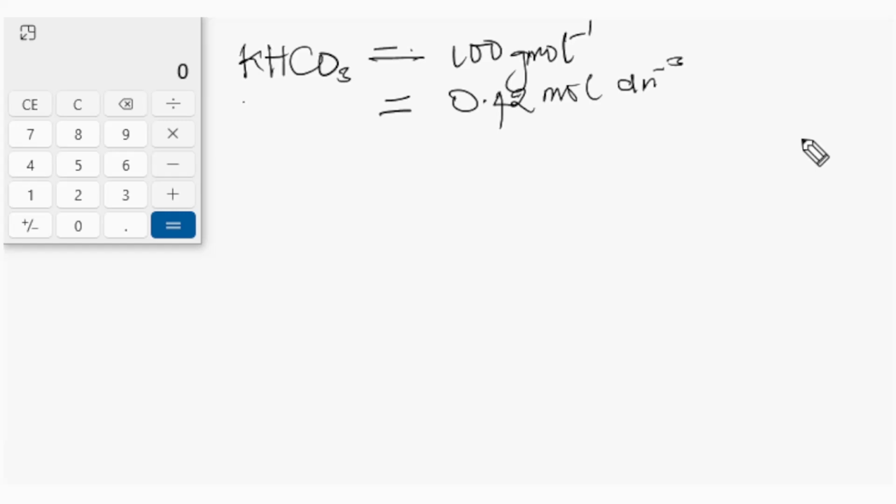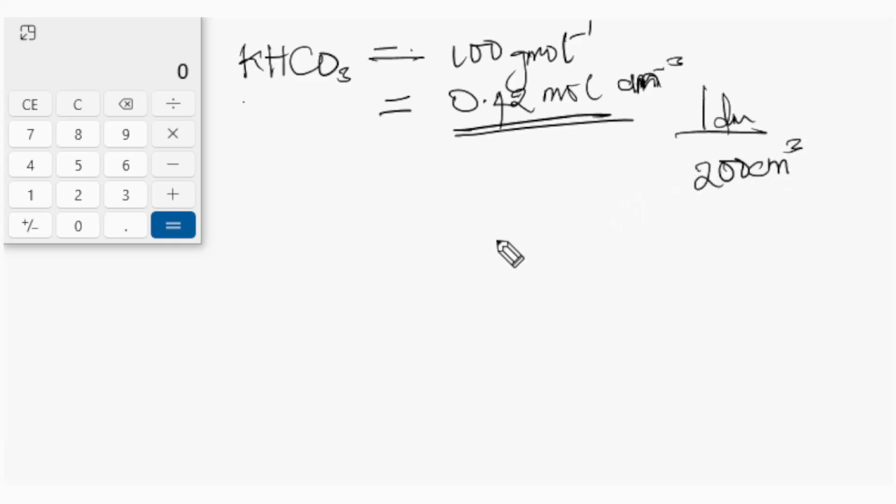So now remember that this concentration we have here as the molar concentration is the molar concentration in 1000 cm cube or in 1 dm cube of the solution. So this is the concentration in 1 dm cube of the solution. That's 0.42 moles per dm cube. But guys, we have to get the concentration in 200 cm cube of the solution before we're able to solve this.